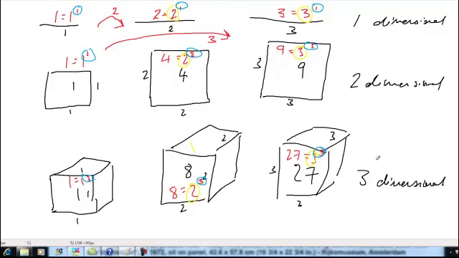So in some sense, if I apply a scale factor of s to a shape, and that shape has dimension d, I expect its new volume to be equal to the scale factor to the power of the dimension. Quite interesting. How can we come up with a set which has a fractional dimension?